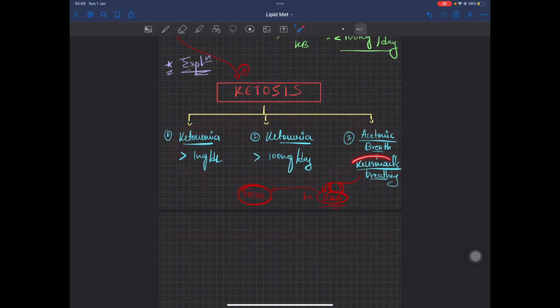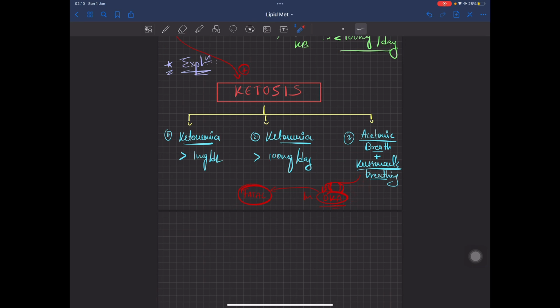Now, there's something called Kussmaul's breathing, which is a characteristic feature of a diabetic ketoacidosis patient. So there is a condition called diabetic ketoacidosis wherein the ketone body production exceeds the utilization by the extrahepatic tissues, wherein there is an imbalance between production and utilization.